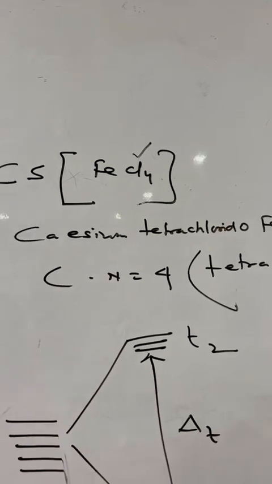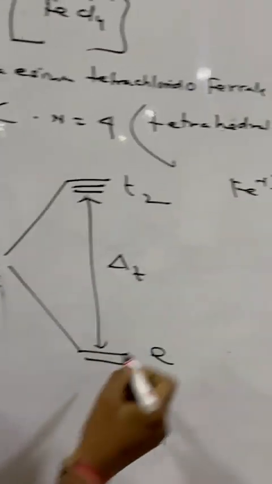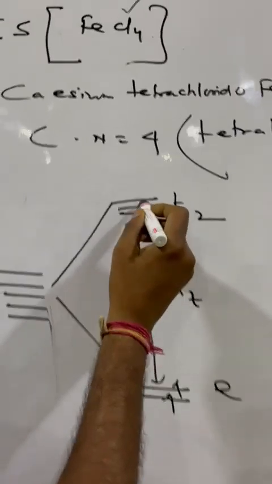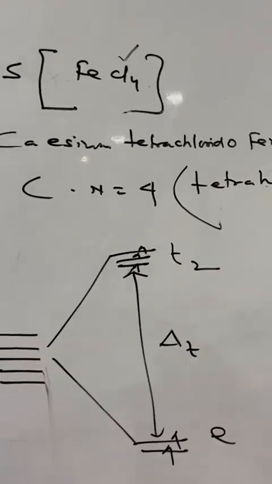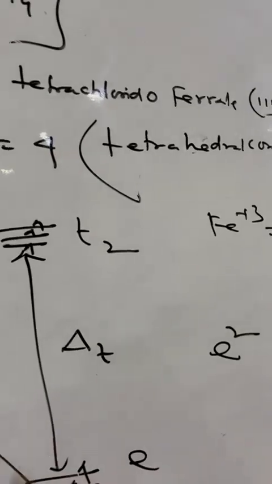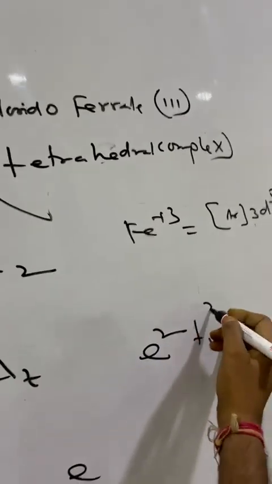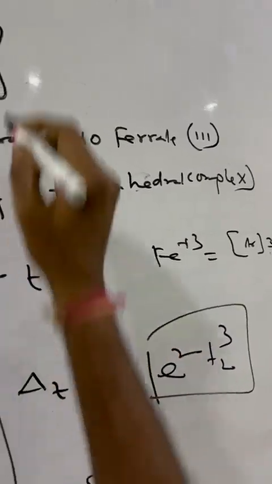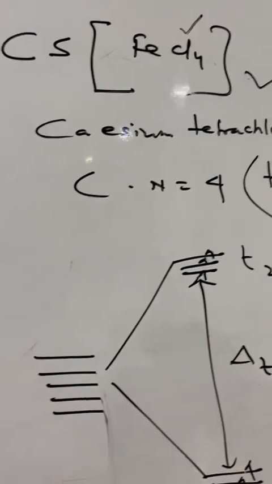Now all of us know from the spectrochemical series, chlorine is a weak ligand, so this delta T will be small. So the 5 electrons will be filled singly, Hund's rule will be followed. And the electronic configuration is e2, 2 electrons, and t2, 3. This will be the electronic configuration of this particular complex.